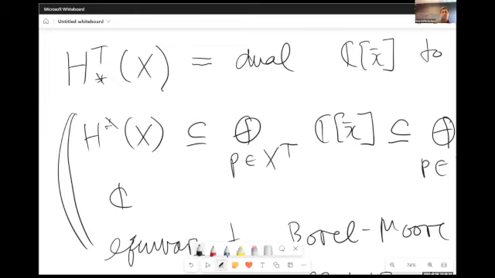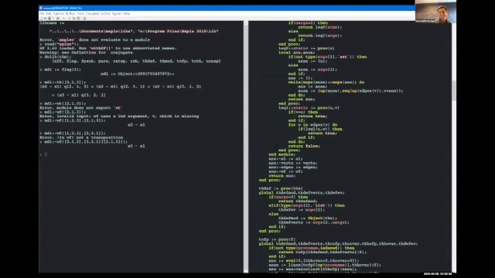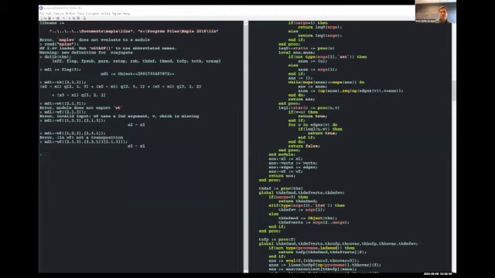Before you switch, did you mean to write usual cohomology there, or was it equivariant cohomology? Oh wait, let's see. Usual. Let me change back.